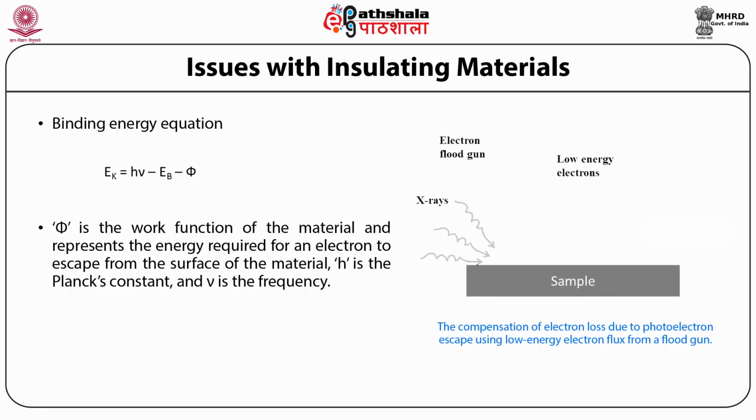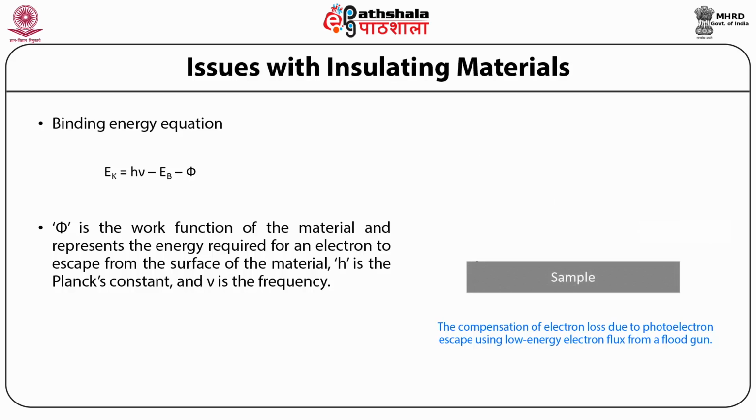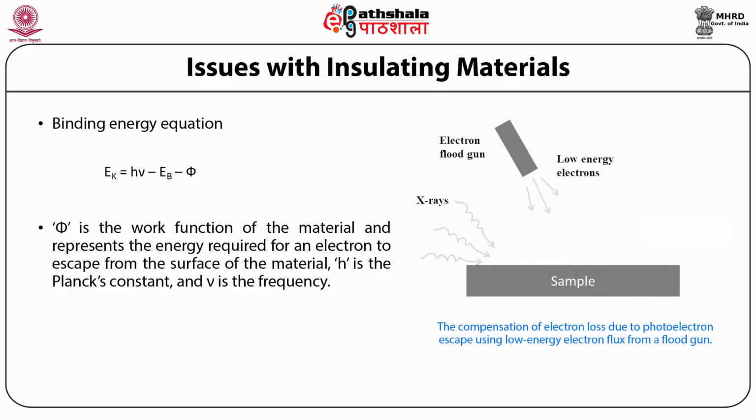This build-up changes the surface potential of the material during XPS data acquisition. In insulating materials, the incident electrons cannot be removed by electrical conduction, leading to charging of the surface negatively in AES.